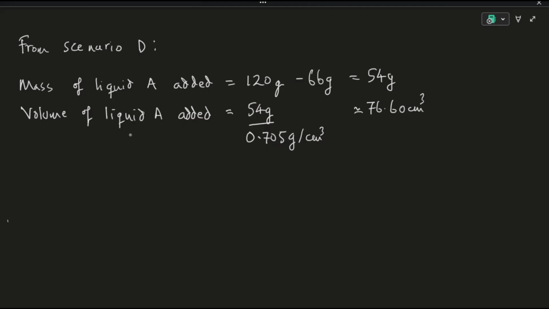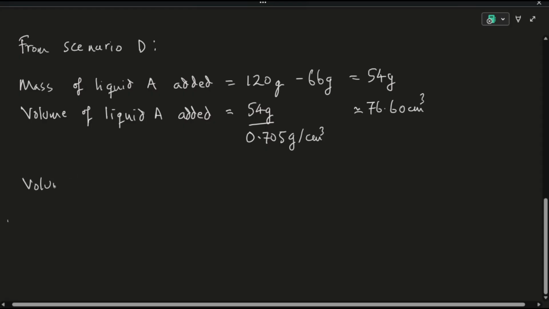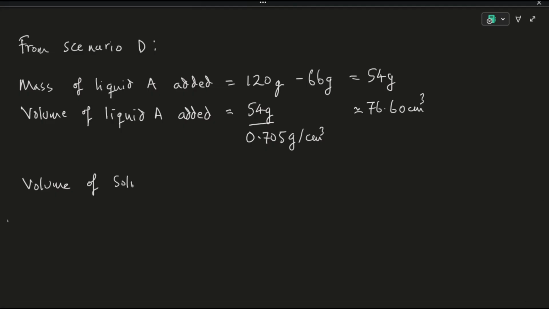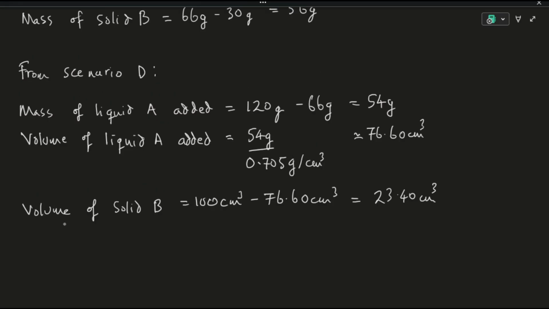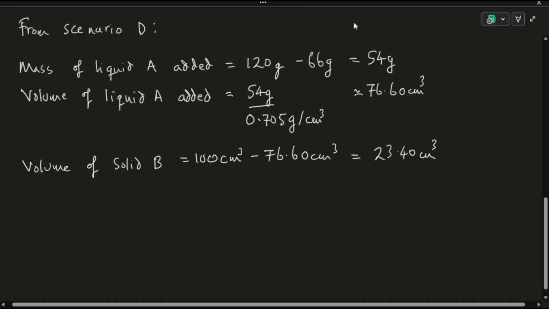So if the liquid A occupies a volume of 76.6 centimeter cubed, then it would mean that the volume occupied by solid B will be given by 100 minus 76.6. So this is the volume occupied by solid B.